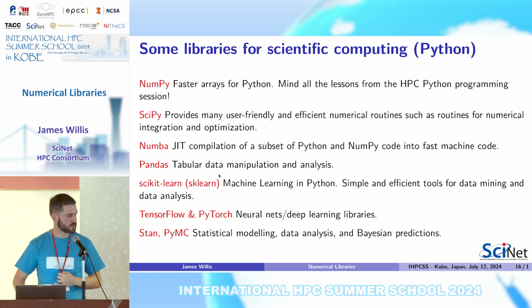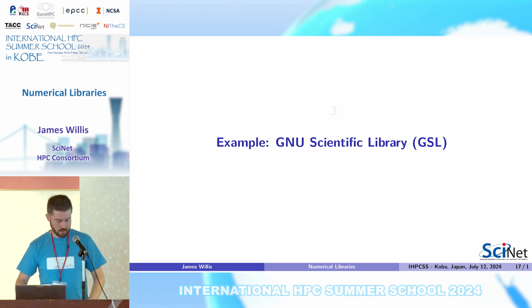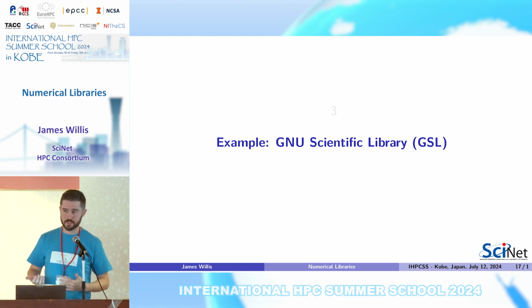Then Pandas, I think, was introduced yesterday at the Big Data talk. This is just for accessing and manipulating tabular data. Then we have scikit-learn for machine learning algorithms. And then, of course, TensorFlow and PyTorch, which are used for neural nets and deep learning. Okay, so now I want to go through an example of using the GNU Scientific Library in C++.